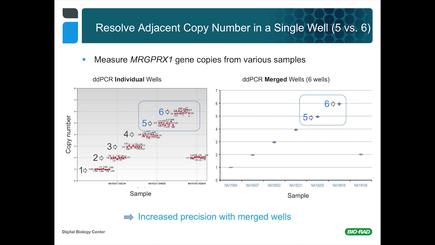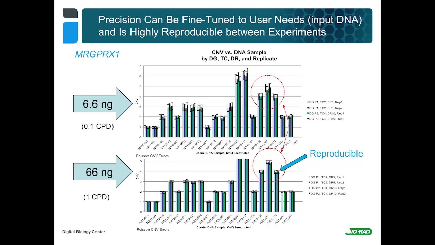So you have extremely high confidence that a sample that you're measuring as 5 is distinct from one that's measured at 6. And this can be applied to the system under study. So that's one way in which you can increase precision to the extent that you need it.